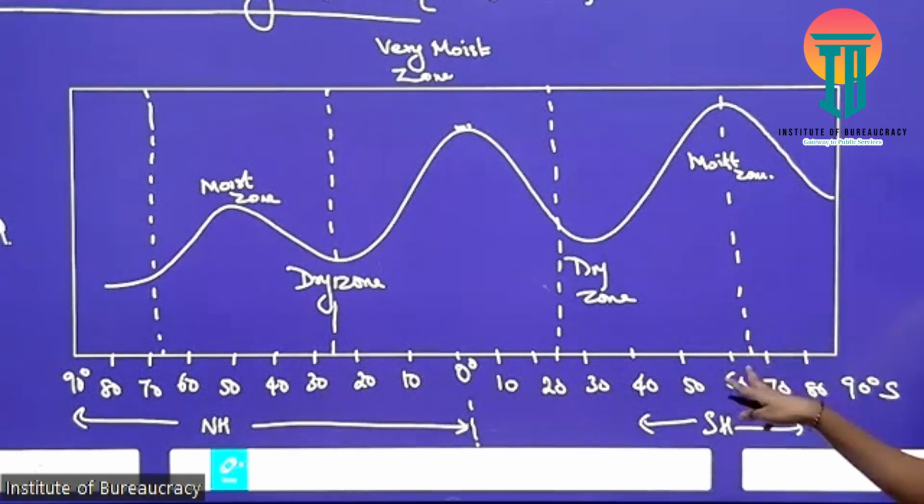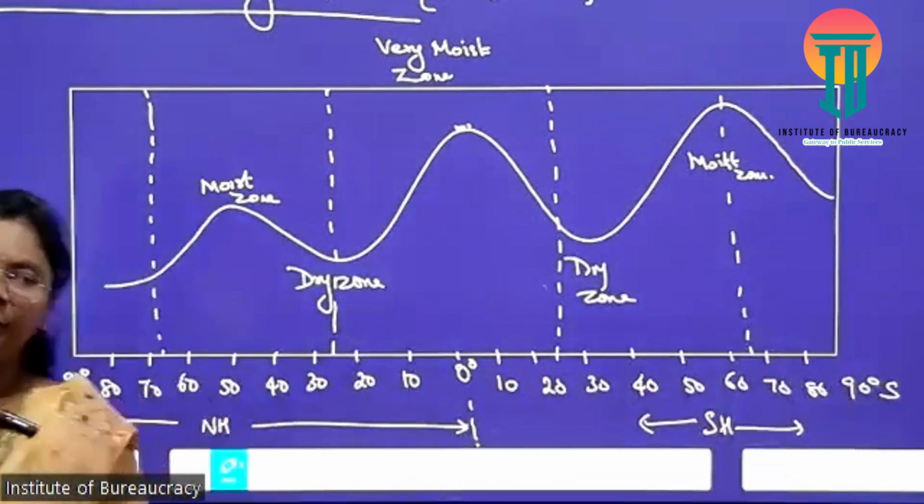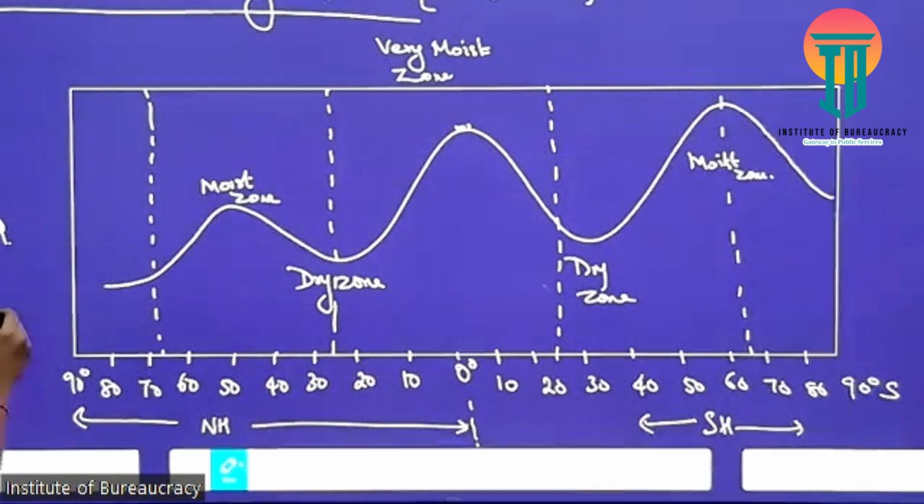After 50 or after 66, there is always a downfall in relative humidity. Relative humidity decreases because of the cold air.